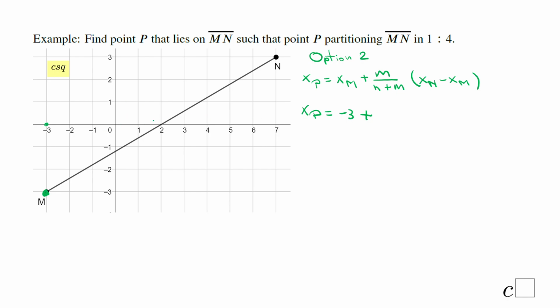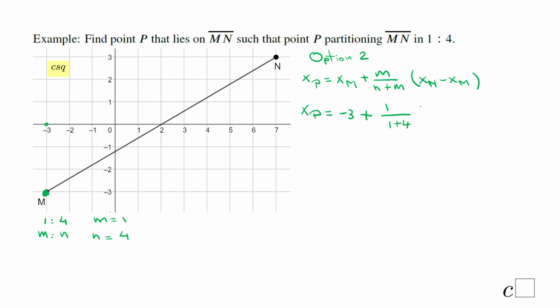So that will be 1 over n plus m, that will be 1 plus 4. Okay, let me just put that here because probably we need that. 1 to 4 is the ratio. This is m, this is n. M is 1, n is 4.